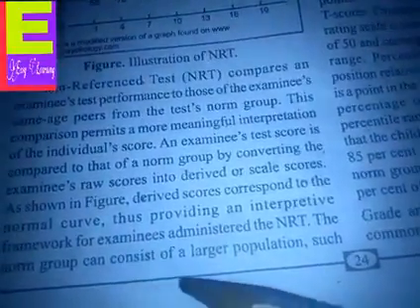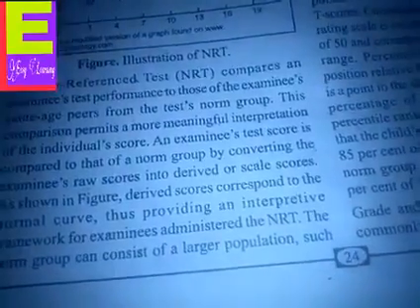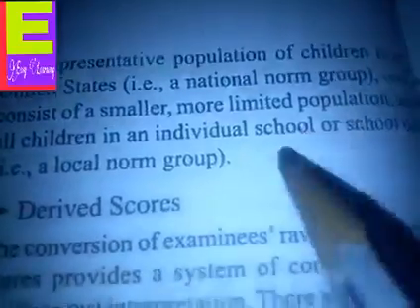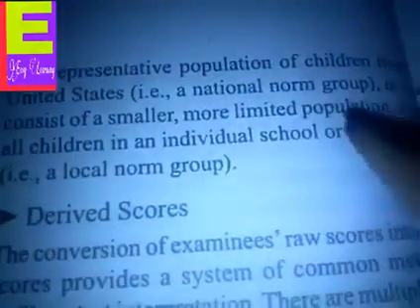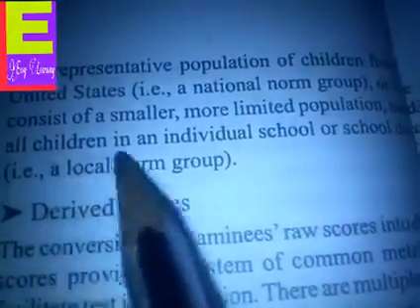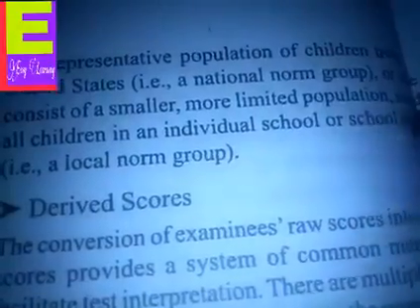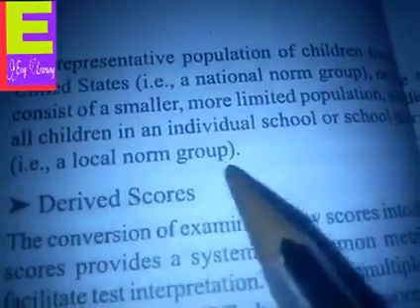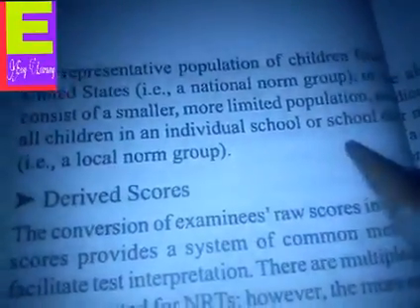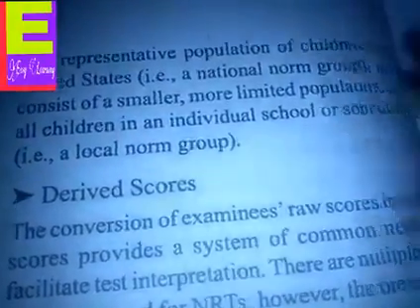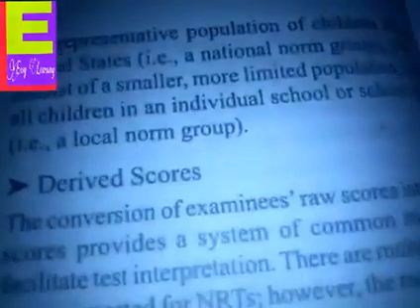The norm group can consist of a larger population, such as a representative population of children from the United States, that is the national norm group, or it can consist of a smaller, more limited population, such as all children in an individual school or school district, that is the local norm group.